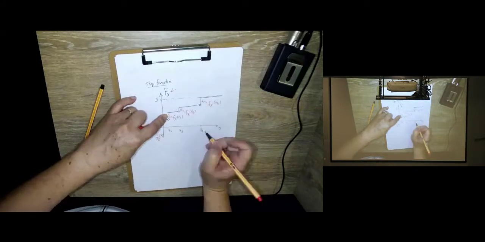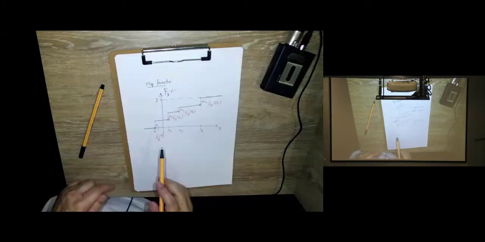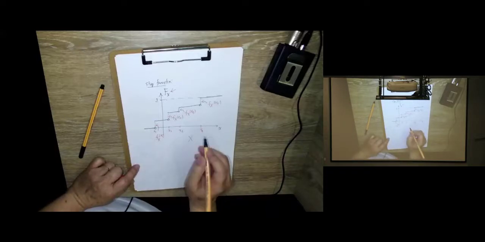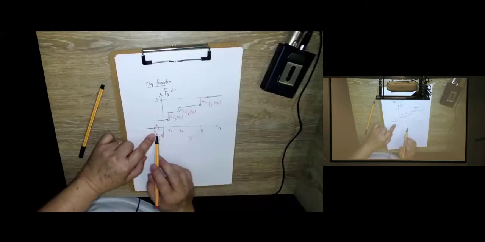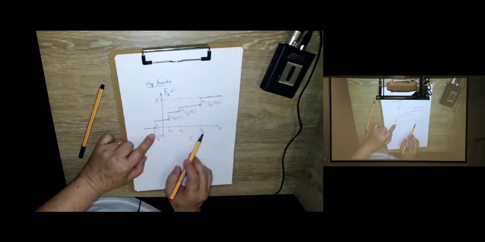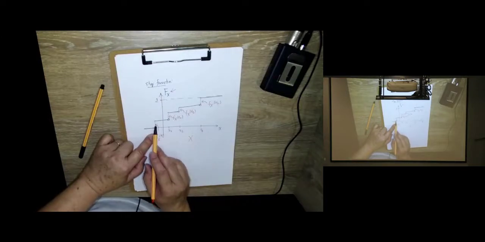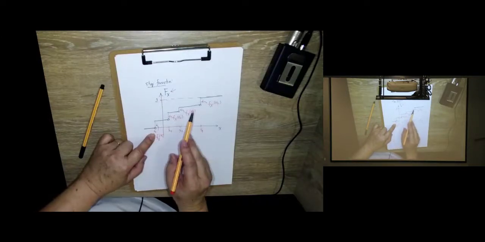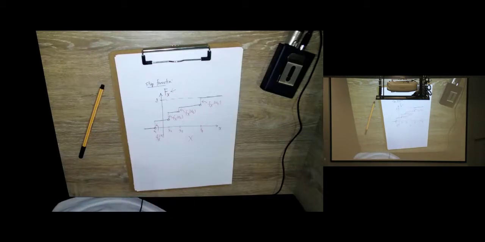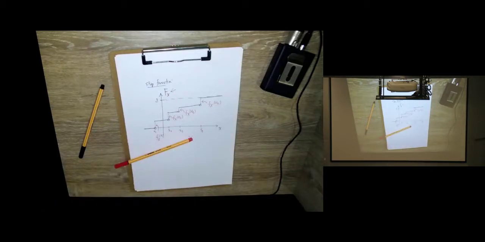In my picture, the random variable X only takes 4 possible values, x1, x2, x3, x4, and the corresponding probabilities correspond to the jump sizes.